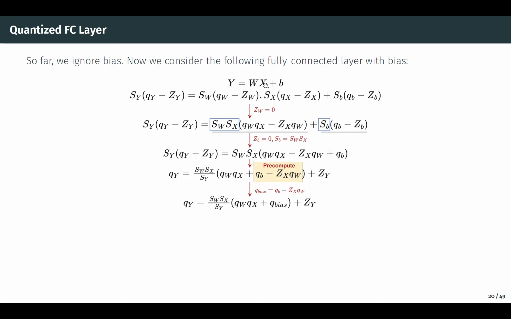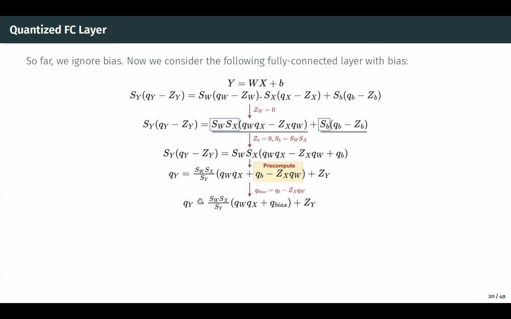If you plug in the bias, of course, the bias also has to be quantized. Usually in a neural network, the bias is added after the operation. So let's look at the final one here.